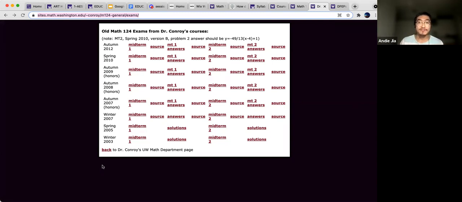So 2.7, 2.8, and the limit at infinity, 2.6 and 2.5. These are, I think, the most important things to look at when you read your textbook.